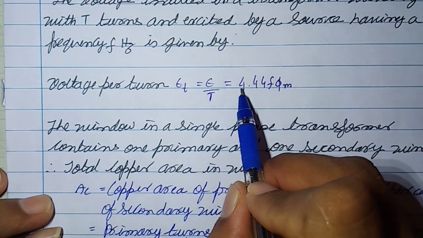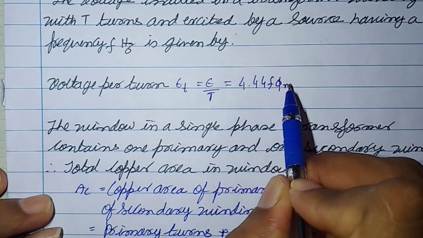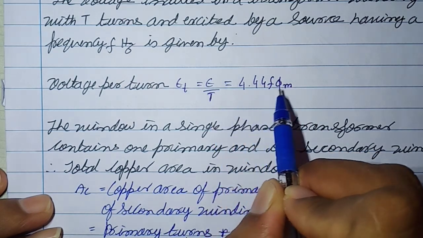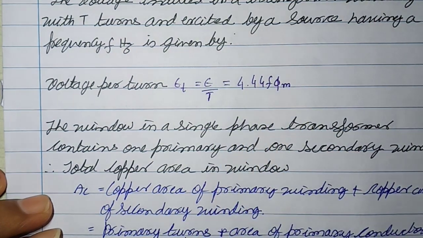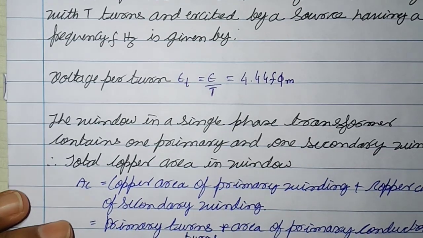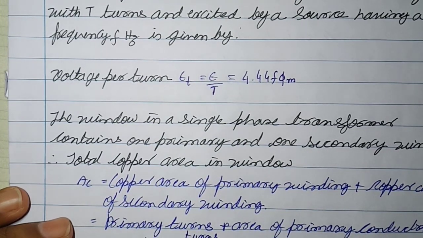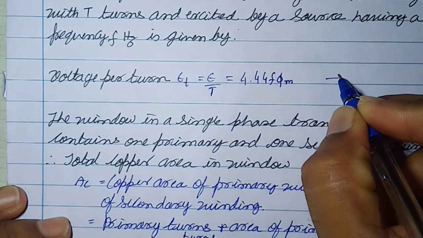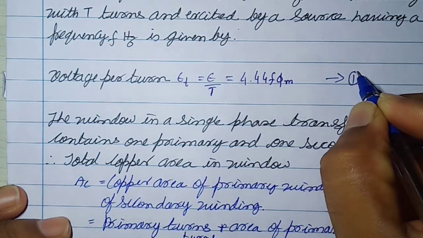So E is equal to 4.44 F phi m N, or the T, right? So that is being brought here, so that gets cancelled here. So that is why I have the volt per turn is E by T, which is equal to 4.44 F phi m. We'll have this as equation 1.